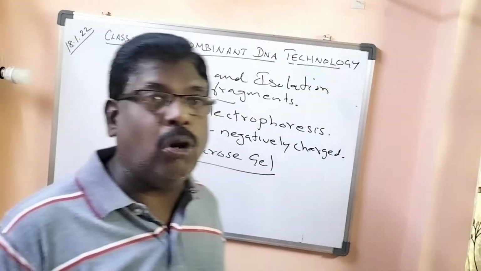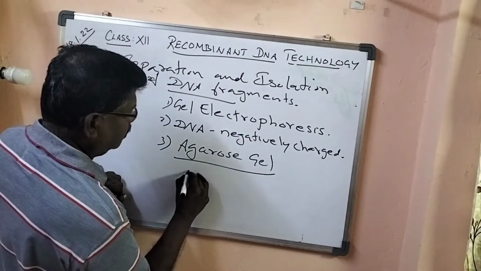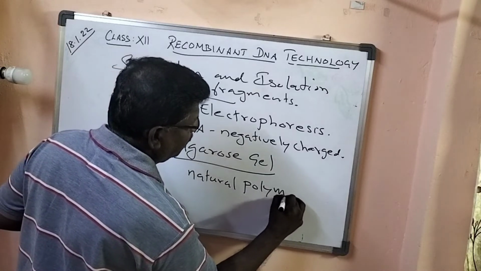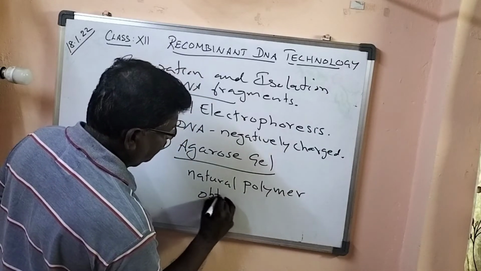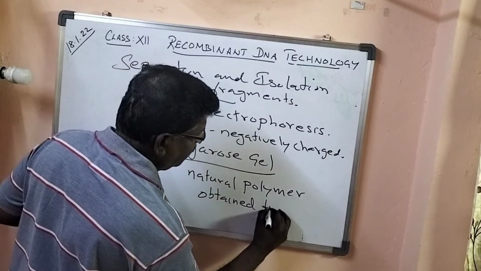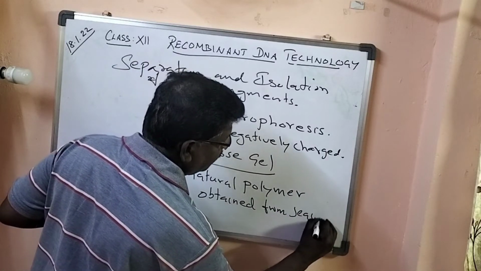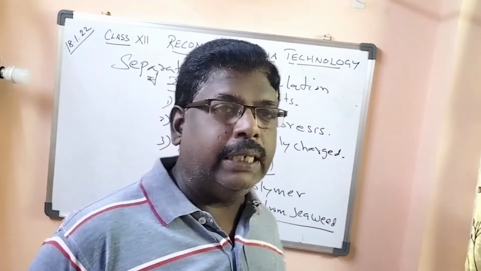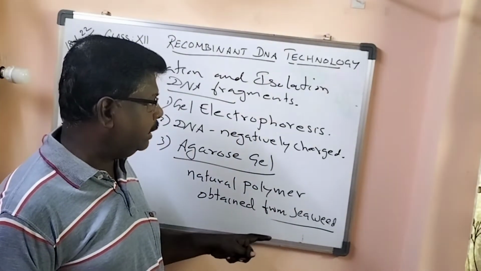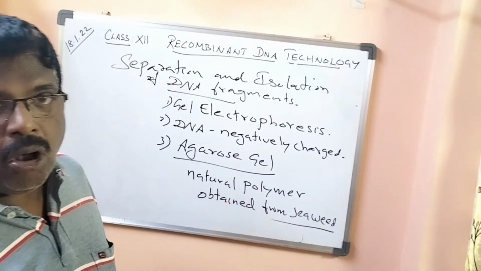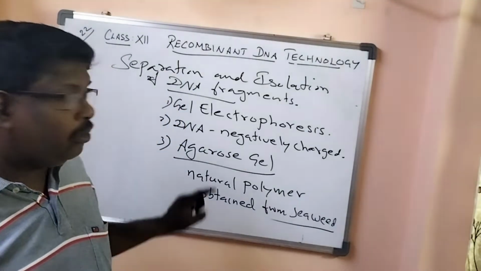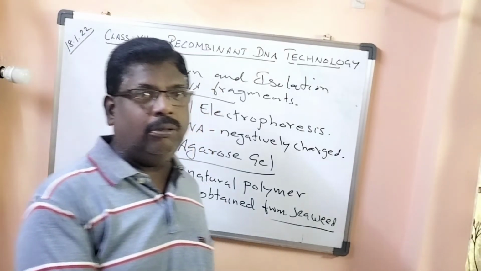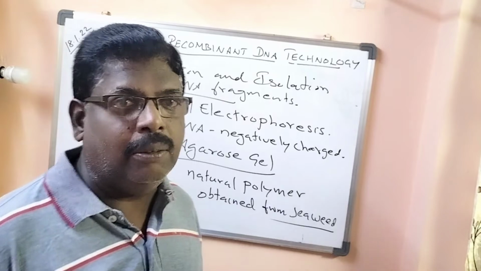It is a natural polymer obtained from seaweed. What is agarose gel can be asked for 1 mark. So on this agarose gel, the DNA tends to move towards the anode, as DNA are negatively charged particles.